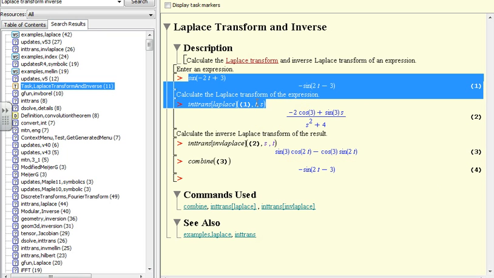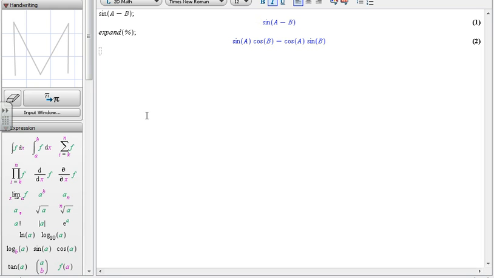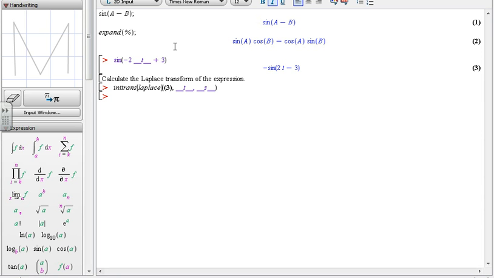Okay. We'll copy that. Paste. Okay. Interesting.